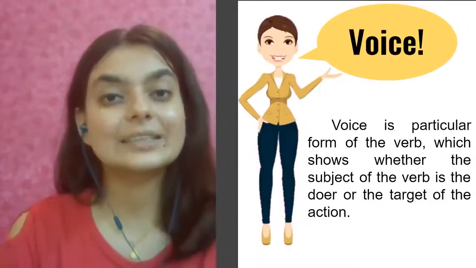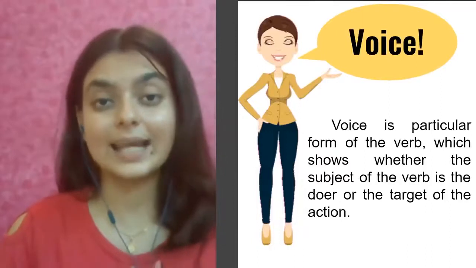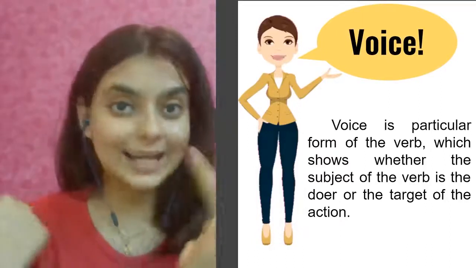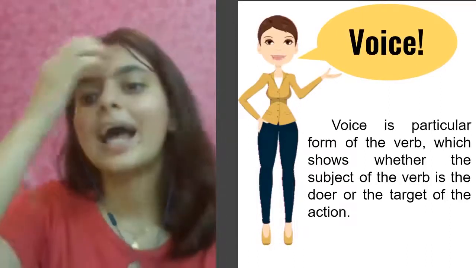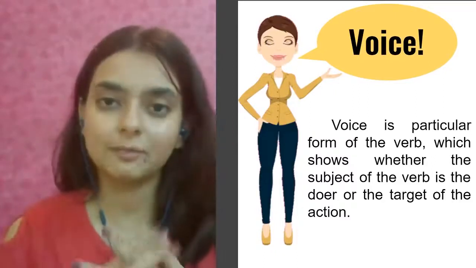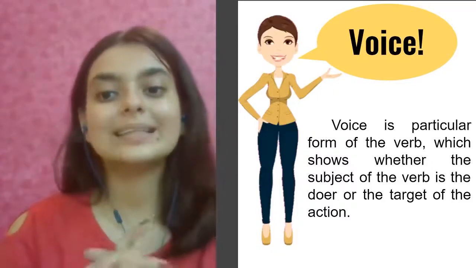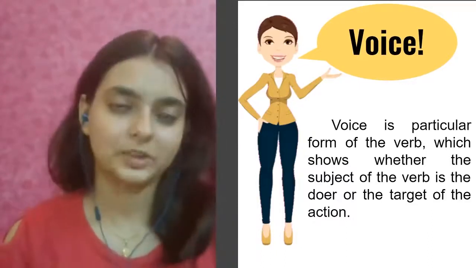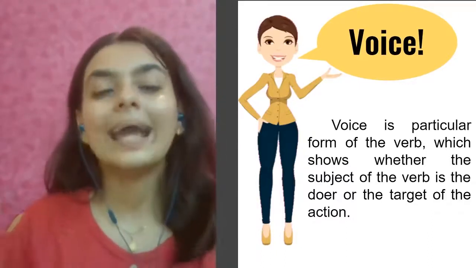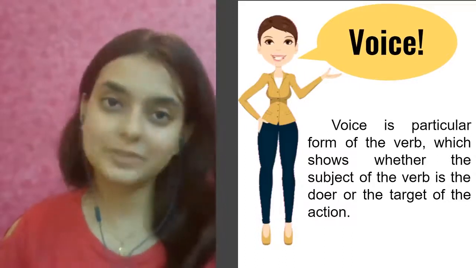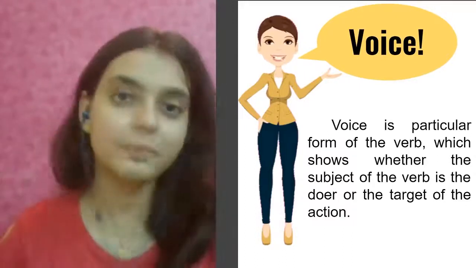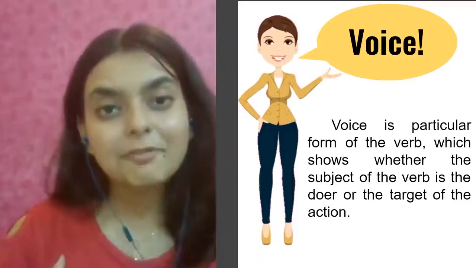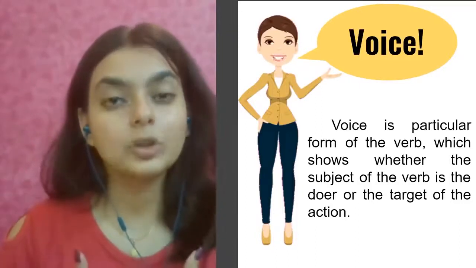So what is voice? Voice is not the voice that we are producing. Voice is a particular form of the verb which shows whether the subject of the verb is the doer or the target of the action. In a sentence, we have subject, verb, object.